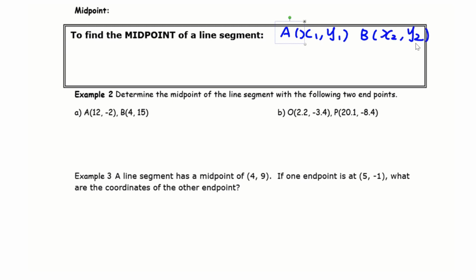The midpoint means between, at the middle of these 2 points. Middle means the average of the x coordinates and the average of the y coordinates. The average of 2 points will be added together divided by 2. So if it were 3 points, the average would be divided by 3.